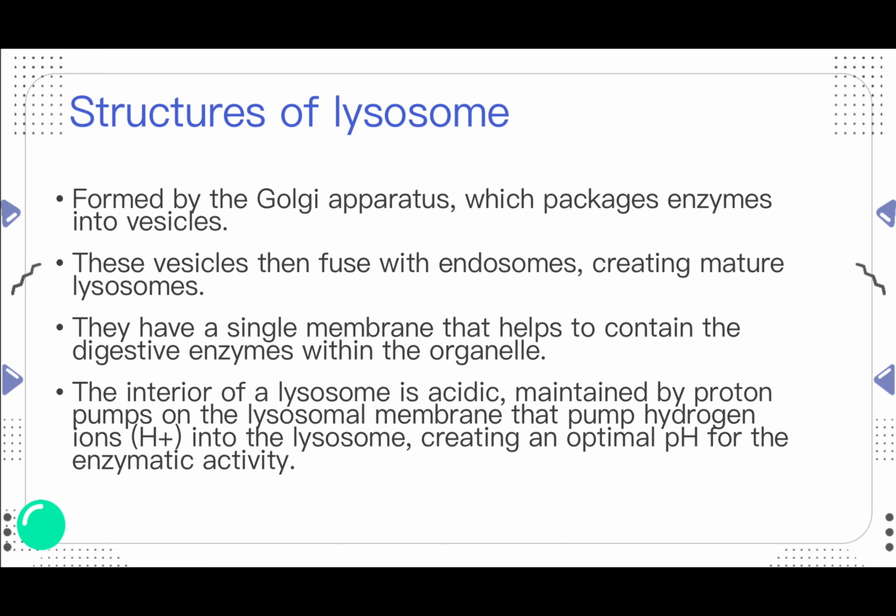Lysosomes have a single membrane that helps to contain the digestive enzymes within the organelle. The interior of a lysosome is acidic, maintained by proton pumps on the lysosome membrane that pump hydrogen ions into the lysosome, creating an optimal pH for the enzymatic activity.